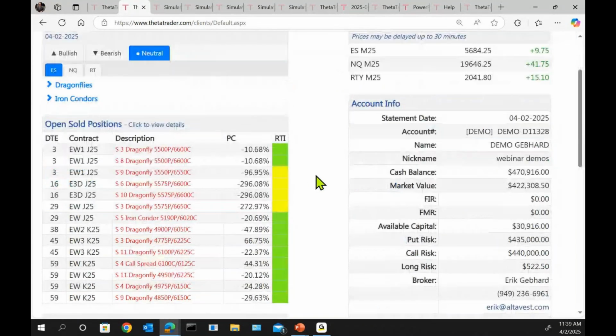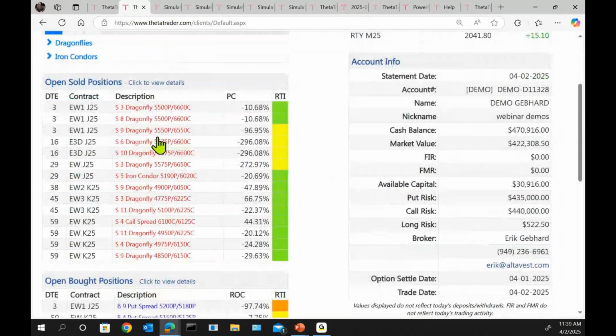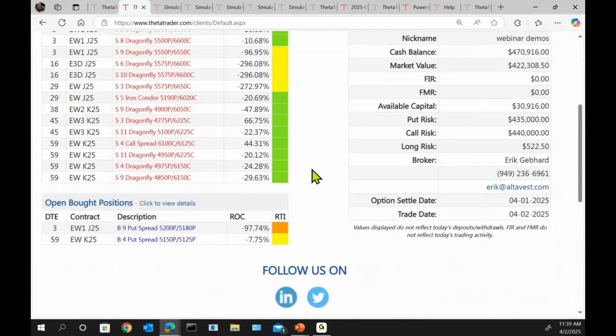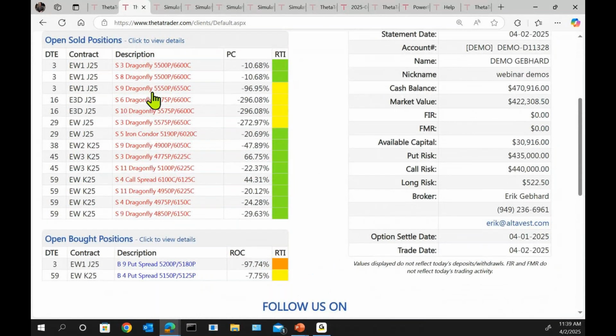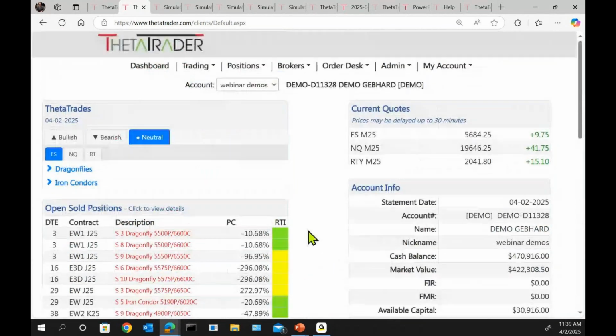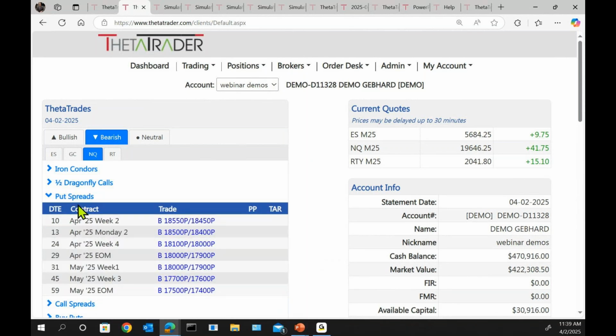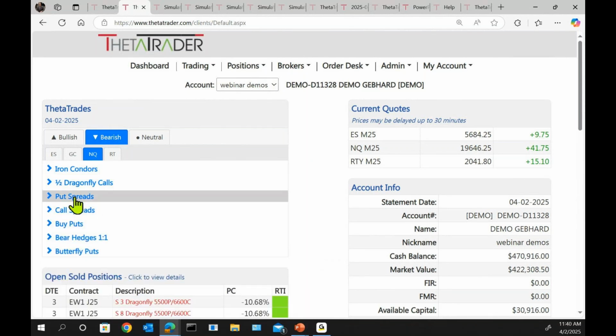But this is really how to look at your open short positions at a glance on the dashboard, open bought positions. So these are all credit spreads. These are all debit spreads. But just want to point out, maybe you're really, really bearish on the NASDAQ. You could just simply buy some put spreads and pay money as a debit spread.